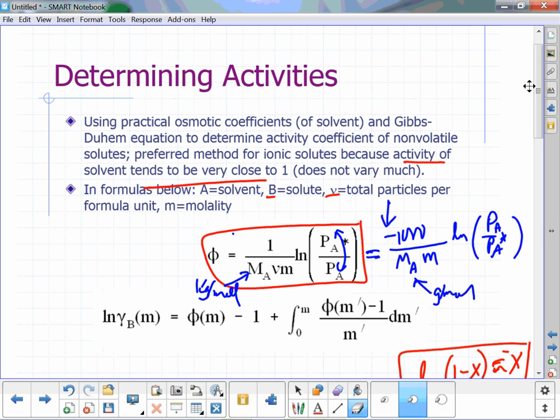Yeah, it's positive, because ln of PA over PA star is going to be a negative number. So negative, negative, that comes out positive.